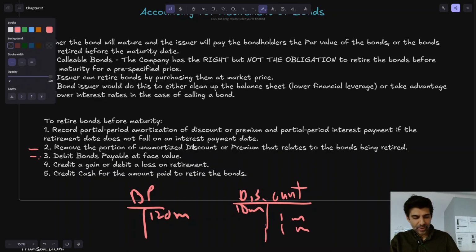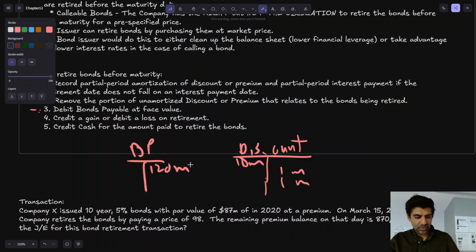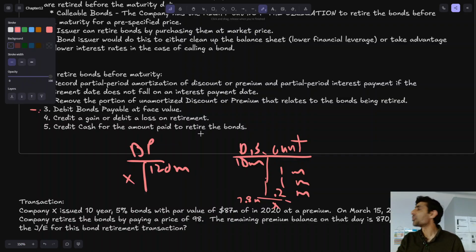And now you're retiring it, and maybe the partial year was 0.2 million. So you will debit this, credit this, to get rid of them. And then you'll see how much cash you paid for the bond, and you'll see whether you had a gain or loss. So it's very similar to how we dealt with plant assets, disposing of them.